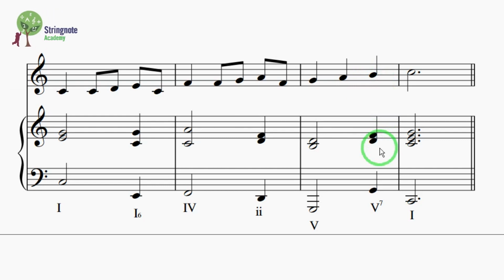Now we're going to eliminate this G or drop it down here, and the reason why I'm dropping it here is because the distance between this note, which is a C, and this other C is 2 octaves. It's okay to have a certain distance between the bass and the next note, but this is just too much, 2 octaves, so I'm going to put a G here to fill the gap, and now the gap is much smaller.